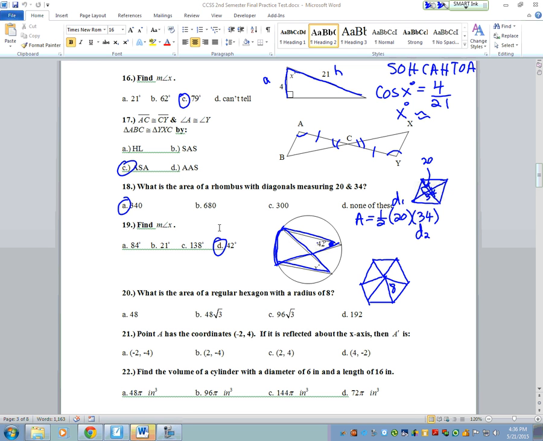If the radius is 8, then the base of the equilateral triangle is also 8, because equilateral triangles have all equal sides. If you blow up one of these equilateral triangles, here's my base of 8. My idea is to find the area of one of these and multiply it by 6.